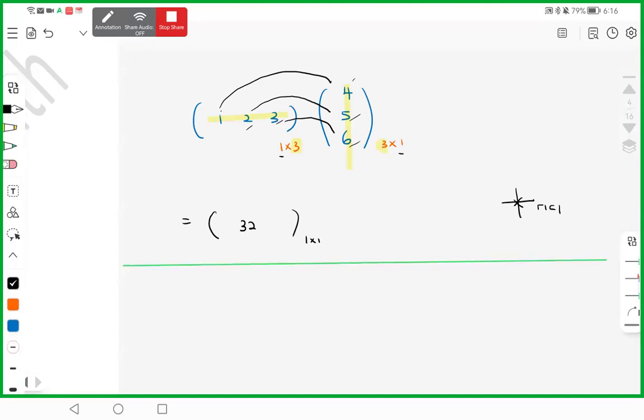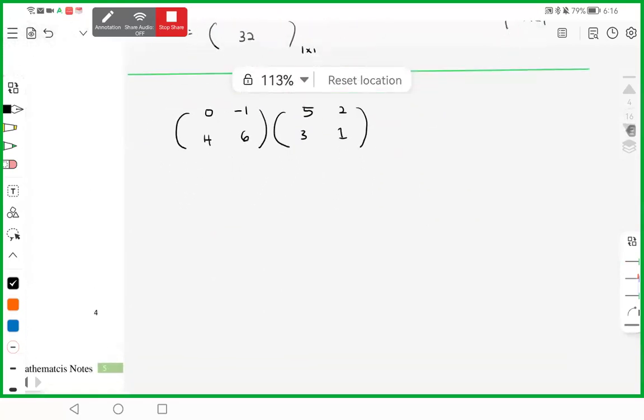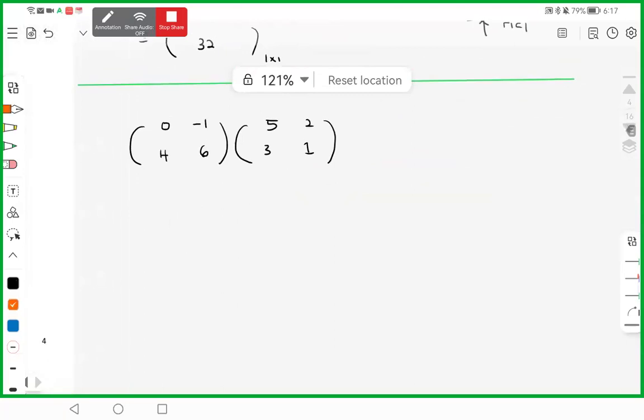So now let's try another question here. Sometimes got 0, sometimes got negative, must be careful. Okay, this question, first step, we check first, can multiply or cannot multiply?